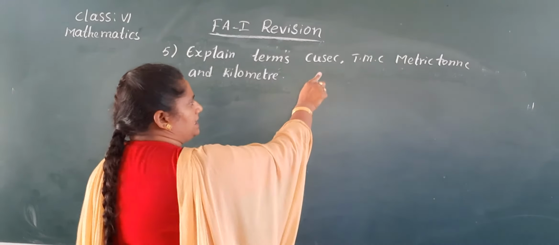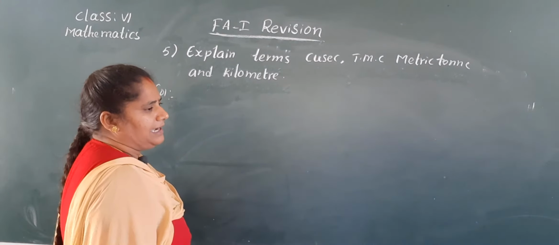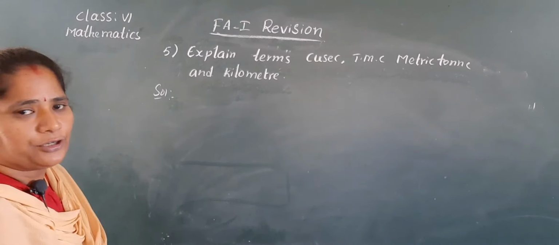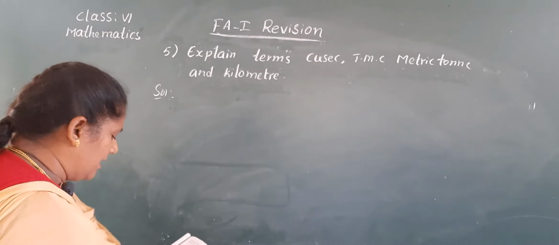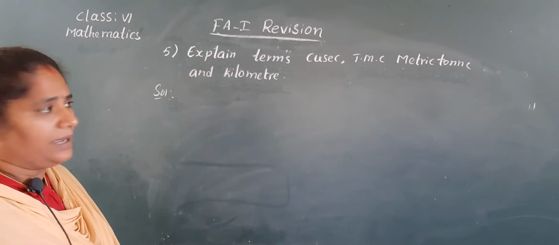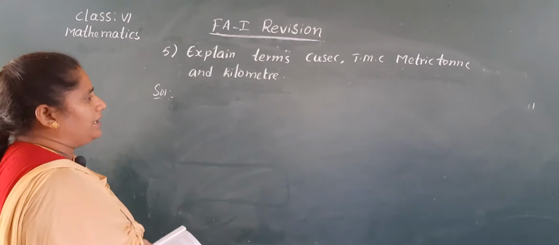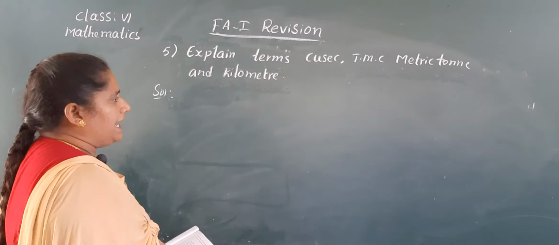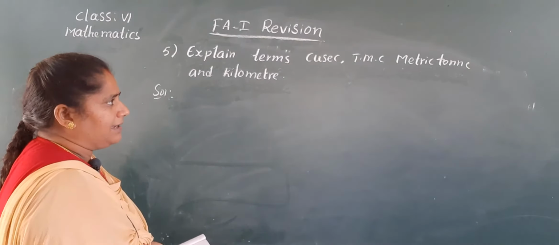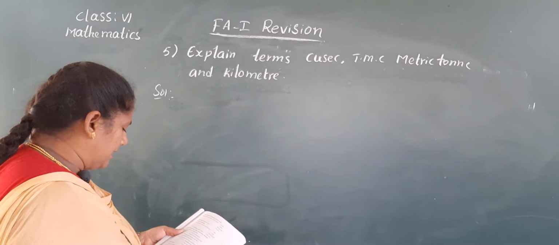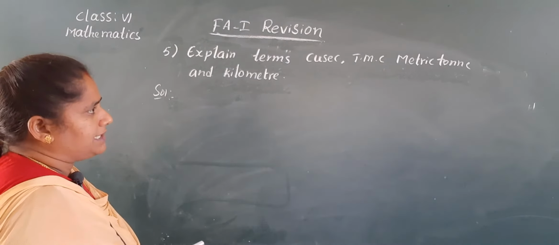Okay, cubic means cubic feet per second, and it is the flow of 28.316 liters per second. And TMC means 1000 million cubic feet, and 1 TMC equal to 28.316 billion or 2831.6 crore liters.